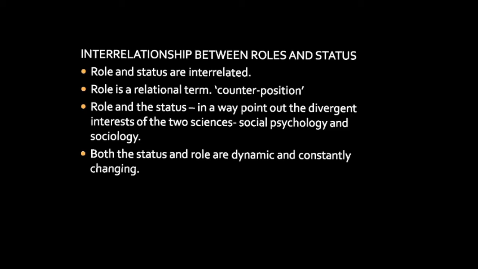So it is dynamic and constantly changing. When you are in office, you'll be an officer. When you're in an institution, you'll be a teacher. When you come back home, again you'll be a daughter to someone, a mother to someone, or a wife to someone. That's why social status and role are dynamic and constantly changing.